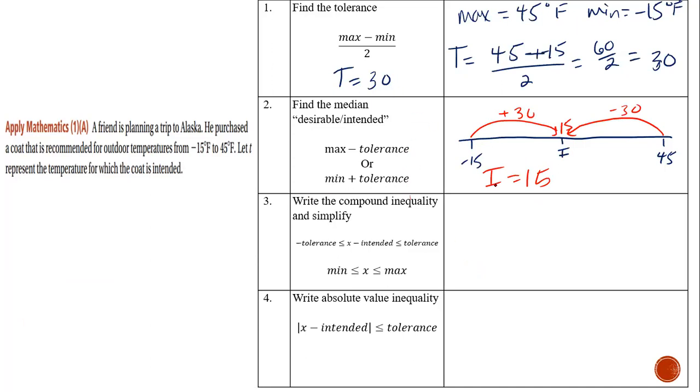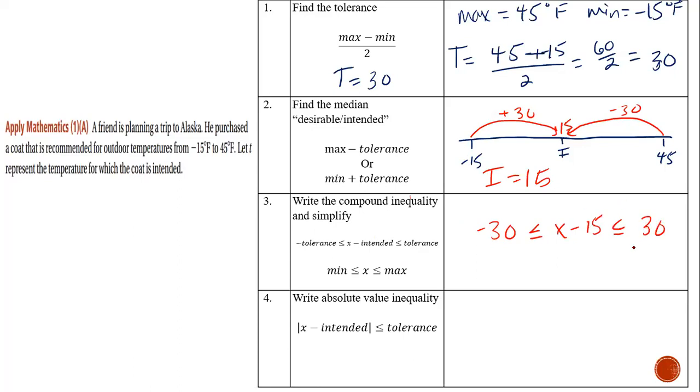So I have my T, I have my I, and just to continue to show that it all comes together, I can write the compound inequality. My compound inequality would be -30 less than or equal to my x minus my intended, which is 15, less than or equal to 30.